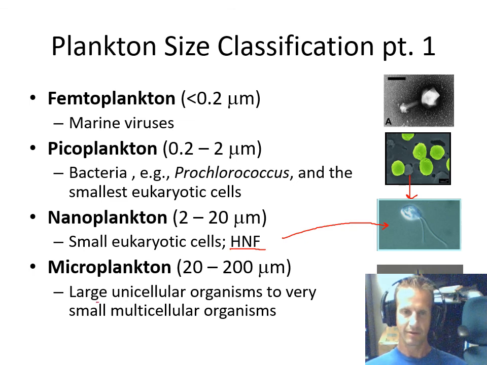Larger organisms, and again, I'm sorry that my little picture is in front of them. Microplankton are large unicellular organisms, and this size range also includes some very small multicellular organisms, but they would generally eat single-celled prey like the small eukaryotic cells. I think the organism that I'm showing here is a radiolarian. A radiolarian is a heterotrophic protist that lives inside a silica dioxide shell.